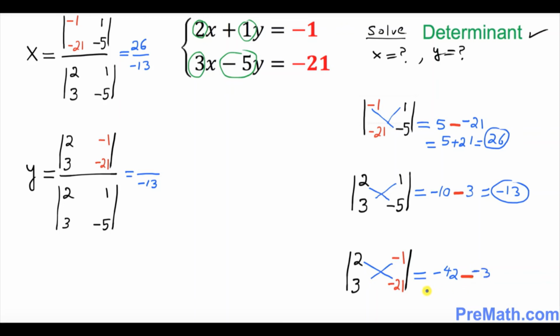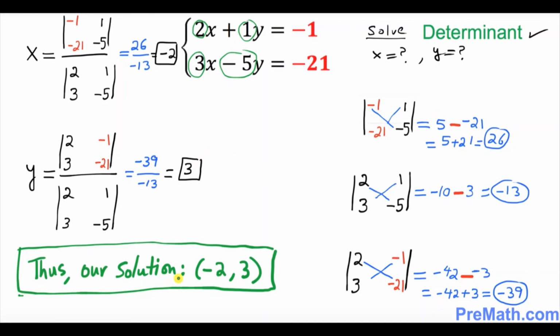So negative 42, negative and negative next to each other become positive, plus 3. If you simplify, that becomes negative 39. So the value of this one turns out to be negative 39. If you simplify or reduce, this turns out to be simply negative 2 over here, and the value of y is 3.